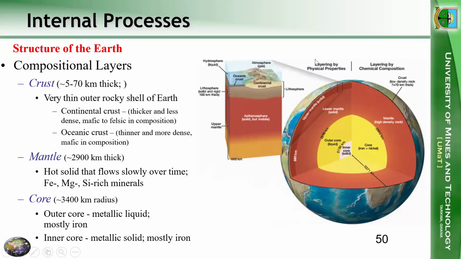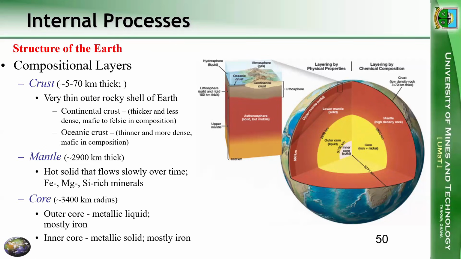The continental crust is the crust on the land, on the various continents, and the crust beneath the oceans is the oceanic crust. The continental crust is thicker and less dense, meaning it has a lower density compared to the oceanic crust. The oceanic crust has a much higher density.